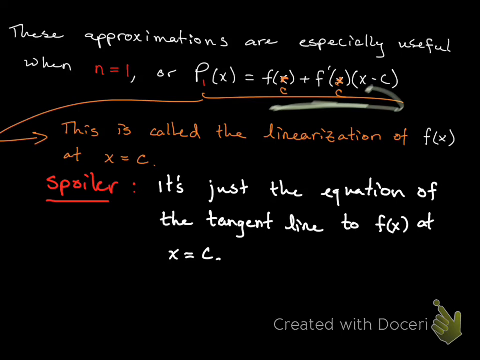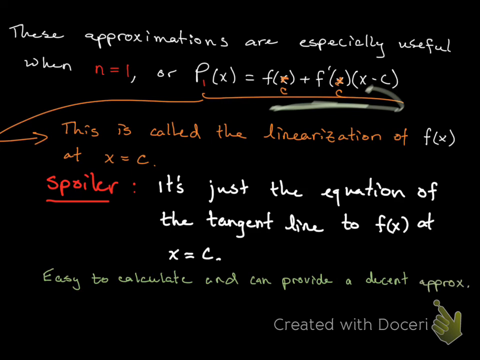It gives me an approximation for my function near c, near our center, and it all comes from Taylor series. It all comes from our Taylor approximation, our Taylor polynomial. It's super cool. It's easy to calculate, and it can provide a decent approximation for what we're looking for.